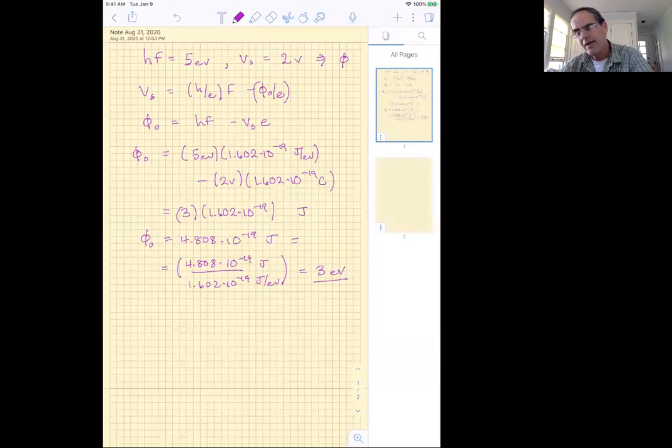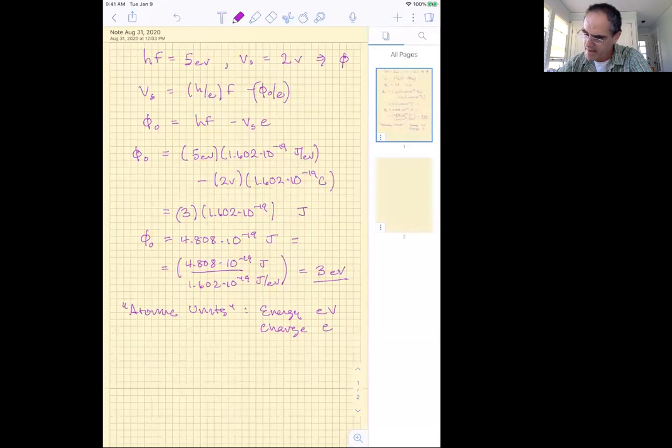We've got our answer. But it might occur to you that there was an easier way to get this answer. Okay? So instead of using SI units, we could have used what I'll call atomic units for the moment, just to give it a name. And by this, I mean units where the energy unit is electron volts, and the unit of charge, instead of coulombs, is electron charges.